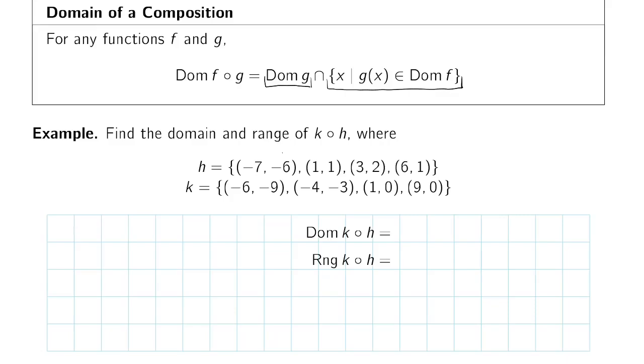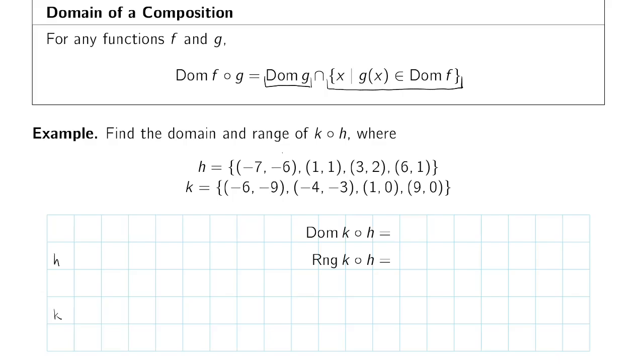In this first example, we want to find the domain and range of k after h. So we're going to apply h first, and then apply k. And when we're looking at pairs like this, I think the easiest way to analyze this is to just kind of follow the functions through.